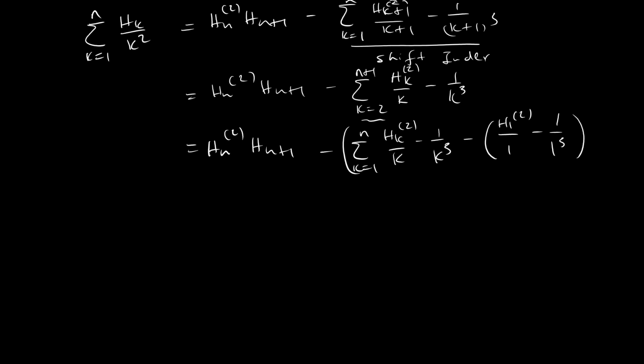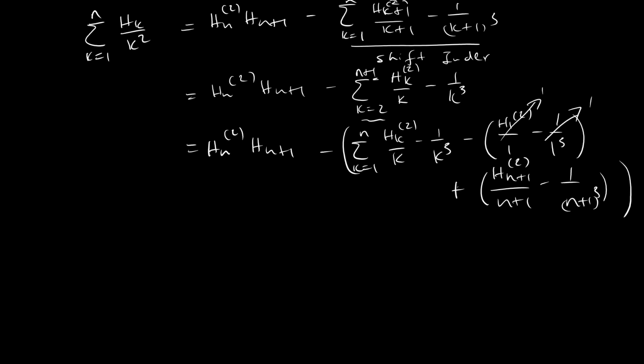And then we have to factor in the n plus 1, so we have plus H_{n+1} squared minus 1 over... Okay, and this is 1, so this is 1, this is 1, so the entire thing goes to 0.